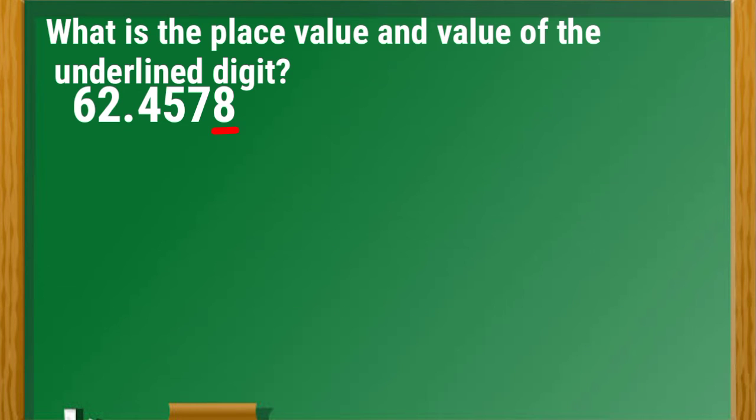Another example, 62.4578, or can be properly read as 62 and 4,578 10,000ths. The underlined digit here is 8.